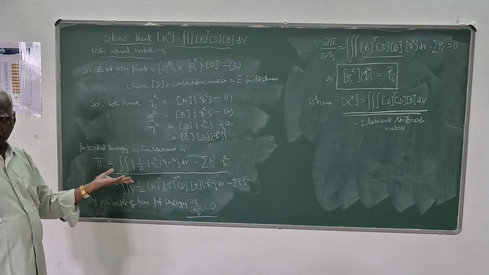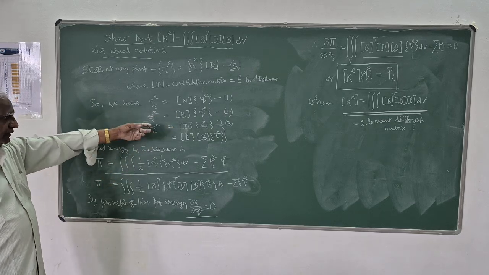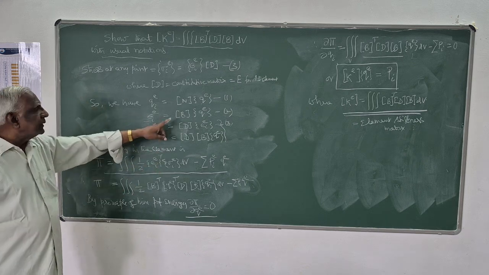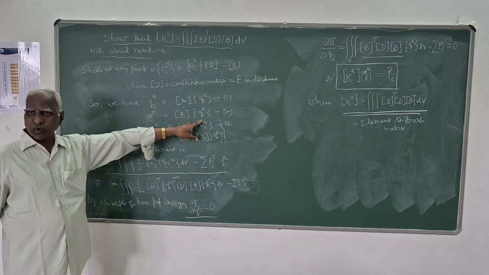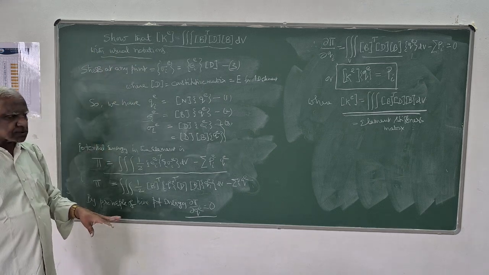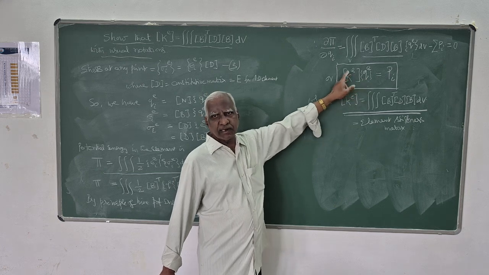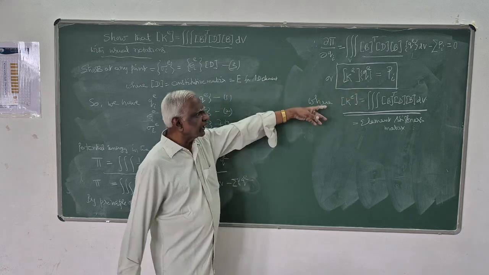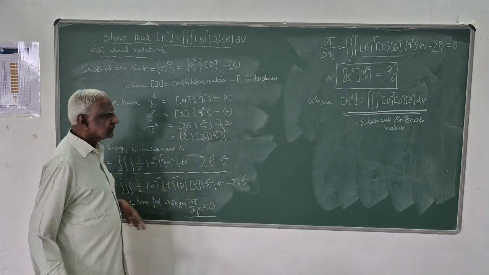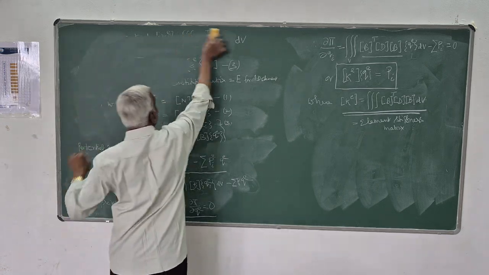If you know these two, and of course D is constant, B is a function of nodal displacement. So first you have to solve the nodal displacement from this relationship. After determining this, then we can estimate the stiffness matrix. So that is this derivation.